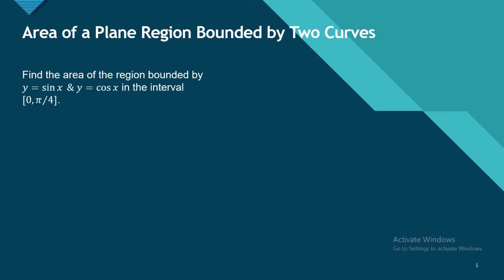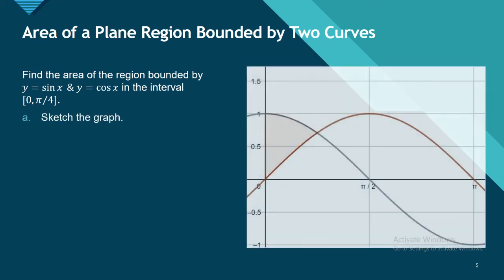Find the area of the region bounded by y is equal to sine of x and y is equal to cosine of x in the interval 0 to pi over 4. I hope that you are familiar with the curves of your sine and cosine functions. Which do you think is your sine function and which is your cosine function?